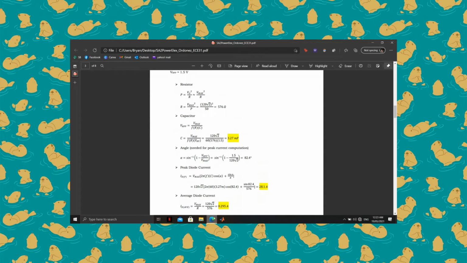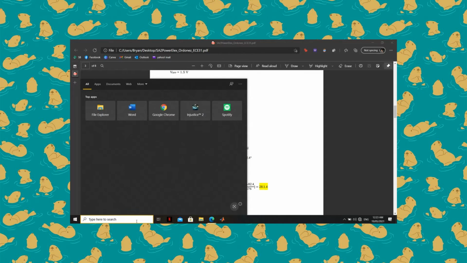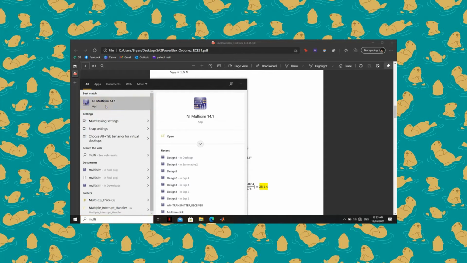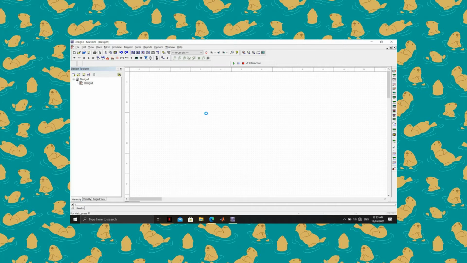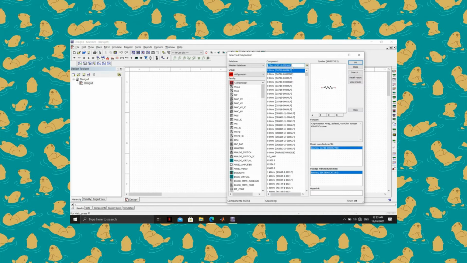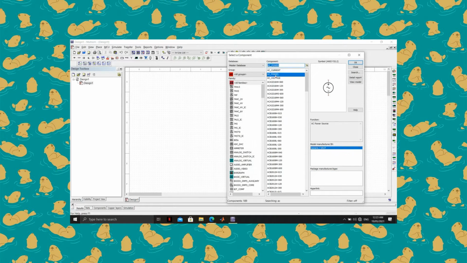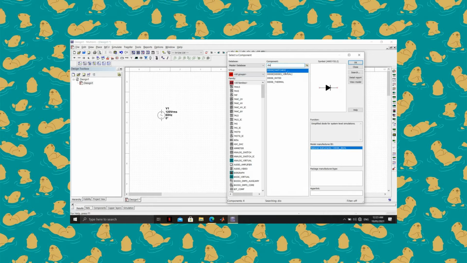So first, let us simulate using Multisim for a quick check. We would need an AC source, a diode, a capacitor, and a resistor.